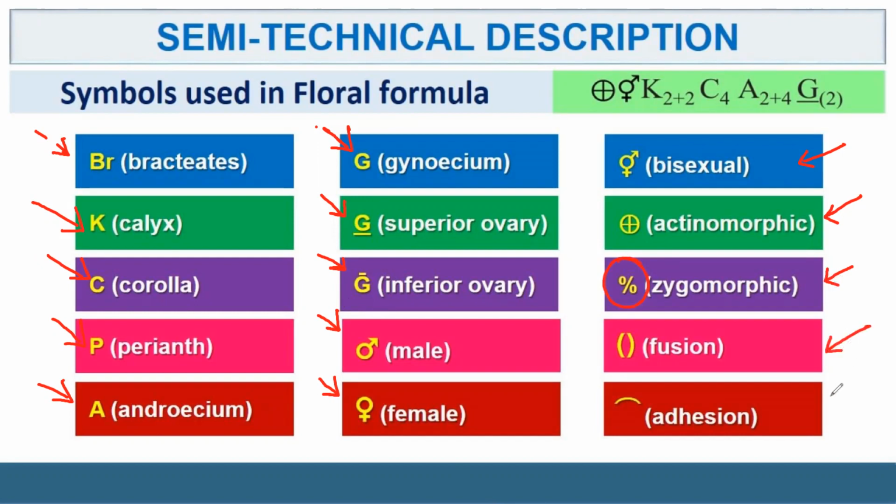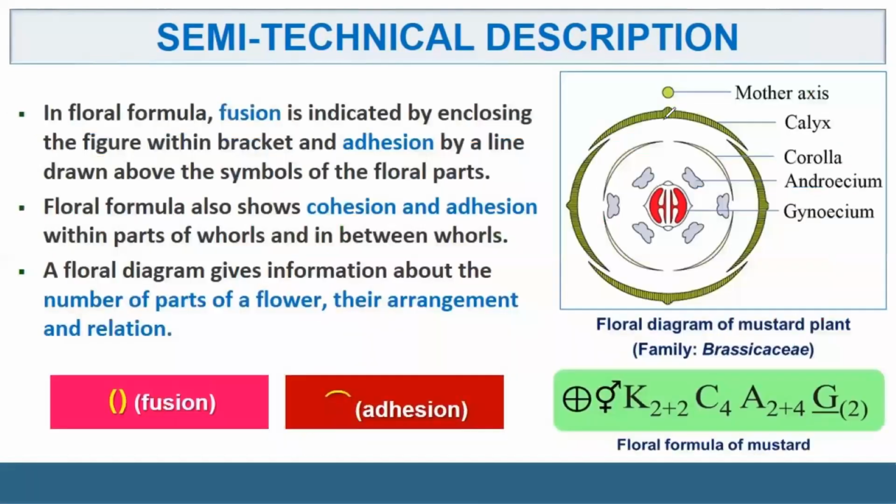Fusion bracket indicates fusion and connecting line indicates adhesion. In floral formula, fusion is indicated by enclosing the figure with a bracket, and adhesion by a line drawn above the symbol of the floral parts.